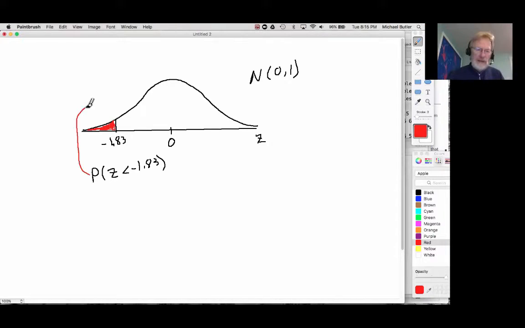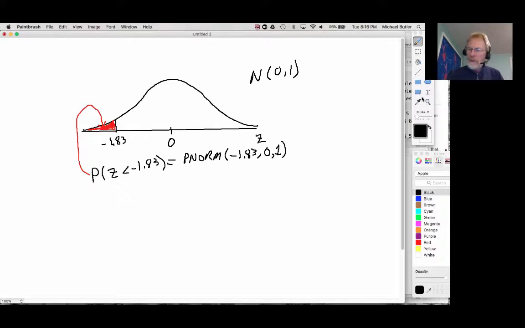So to actually calculate that, I would go pnorm, and then I would go negative 1.83. I cleverly chose one with a left-hand tail, so I don't have to do any of that 1 minus stuff or the lower.tail false. That works also. 0, 1, okay? And that's going to give me back that red shaded area.